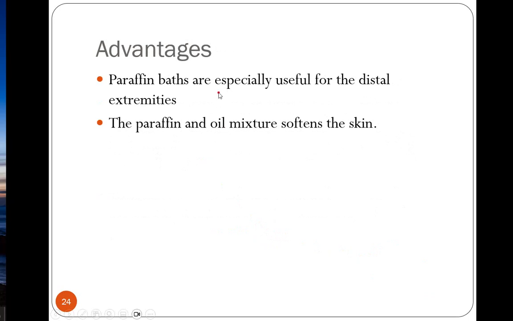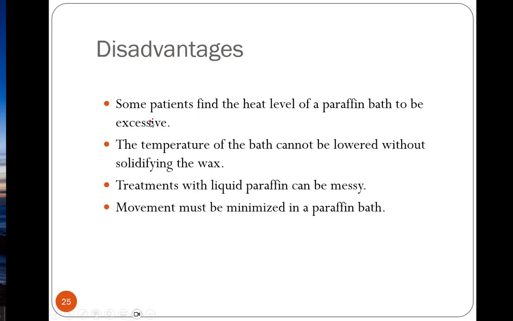Advantages are that it's especially useful for distal extremities, like we said, the hand, the feet, the elbow, areas that you can dip. Paraffin has an oil mixture that helps soften the skin. Disadvantages: some people might find the heat to be excessive.